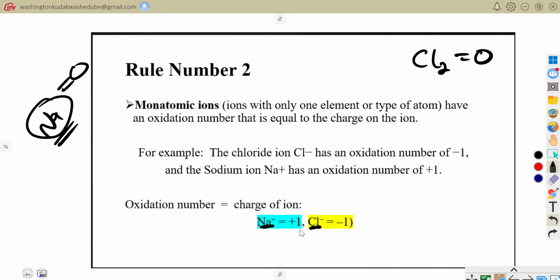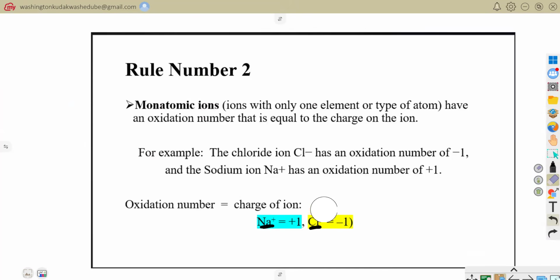But when chlorine starts carrying a negative charge, its oxidation number becomes negative 1. That is what rule number 2 is saying: whenever we have monoatomic ions, ions with only one element or type of atom, their oxidation number is equal to the charge on the ion.